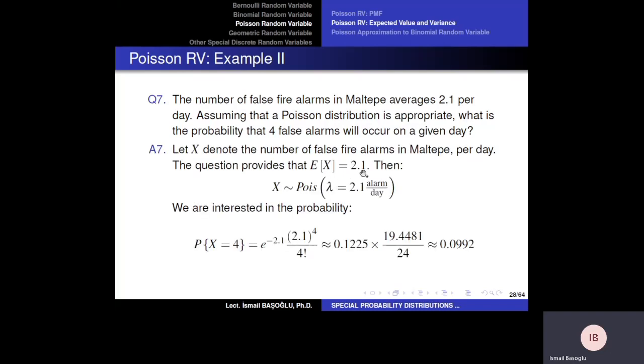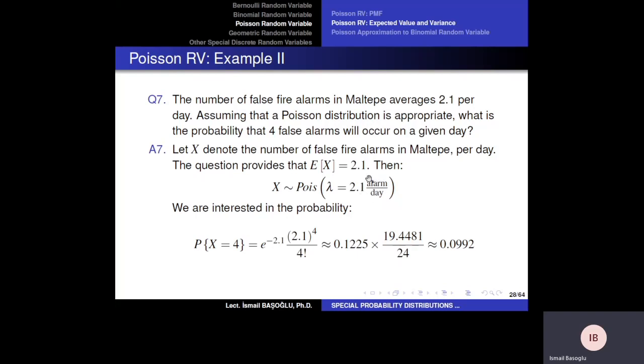If we use X to denote the number of false fire alarms in Maltepe, then the expected value of X is equal to 2.1. This is said by the question. And for a Poisson random variable, expected value is equal to lambda. So this first sentence actually states that lambda is equal to 2.1.